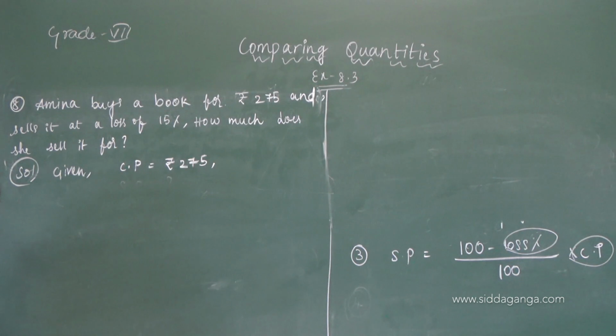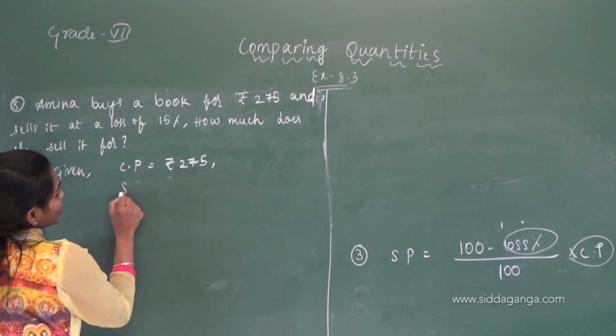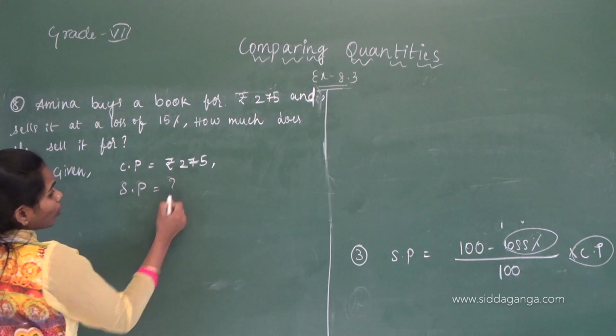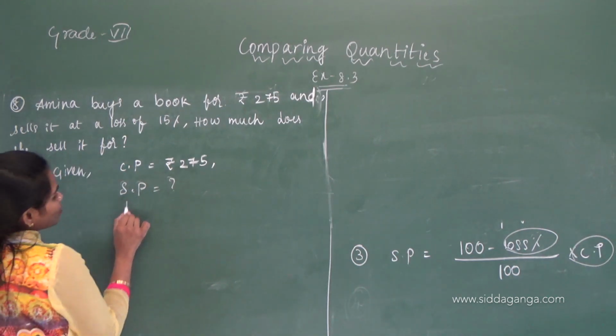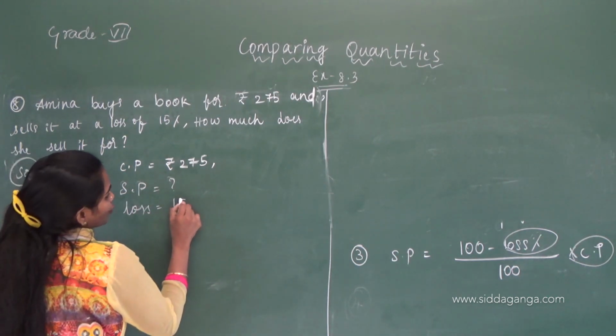Just here, if you see, over here CP of a particular item they are giving and SP we don't know, and loss percentage they are giving, that is 15%.